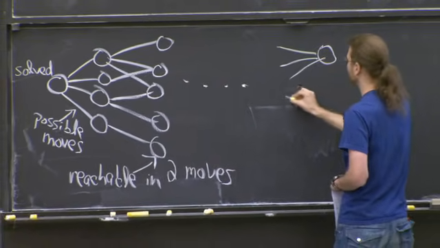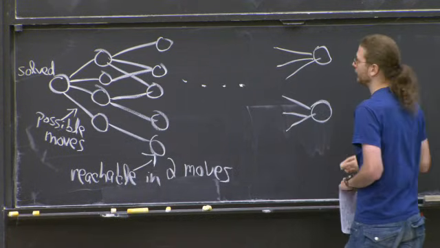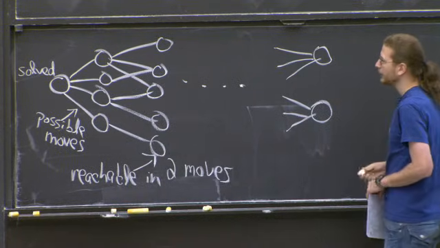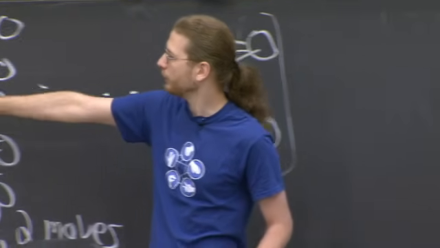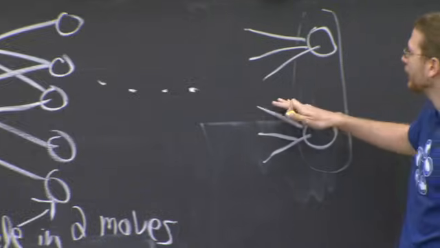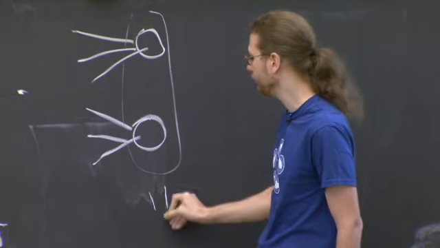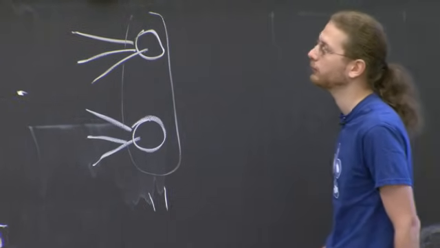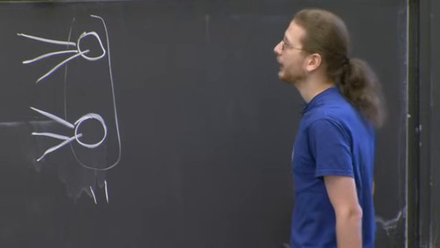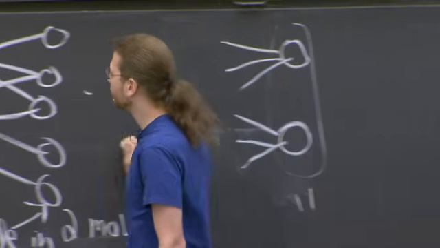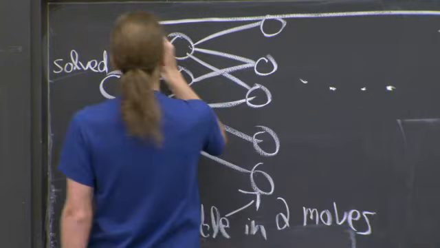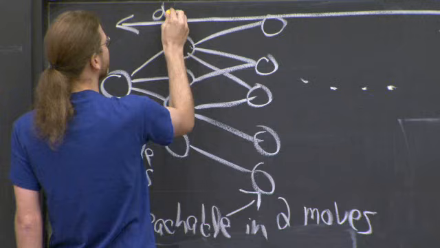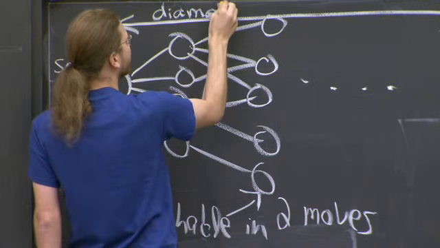So there might be a few nodes out here. This is kind of the way I'm drawing this. This is everything you can reach in 1 move, and 2 moves, and 3 moves. At the end, this would be 11 moves if you allow half twists. And I guess as puzzlers, we're particularly interested in this number, which you would call, as a graph theorist, the diameter of the graph.